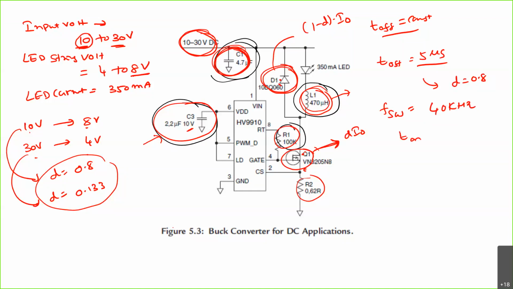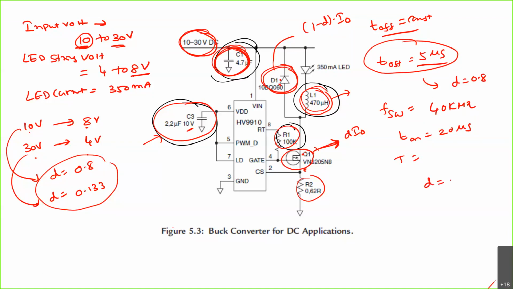So that means the on time is 20 microseconds, and the total time period is 25 microseconds. So the switching frequency is 40 kilohertz. So we have fixed this one, corresponding to D equal to 0.8.